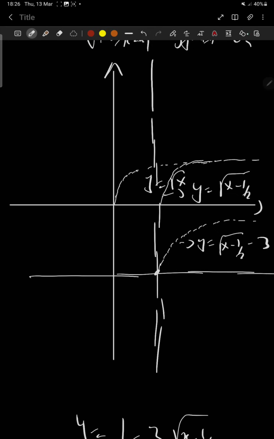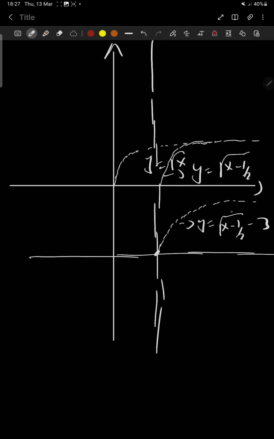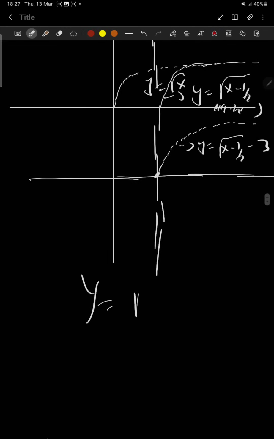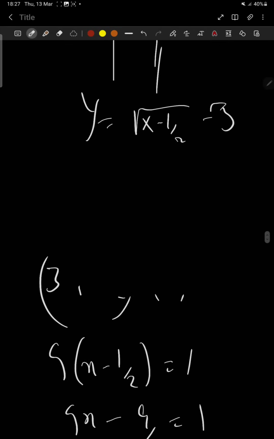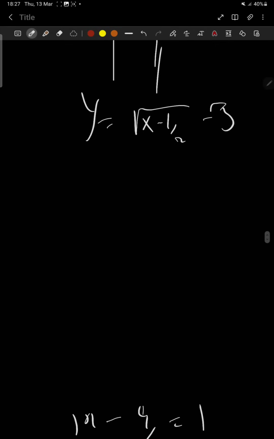Okay, now here's the thing. We can't necessarily guess that it will be inside, so let's check if it will cut any x-intercept. So we have y equals the square root of x minus 1 over 2, minus 3. That's what we're sketching there, right? Because it has shifted down. So let's find the x-intercept. At the x-intercept, y is 0.